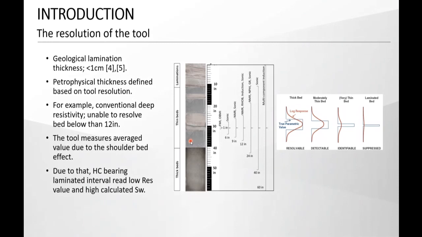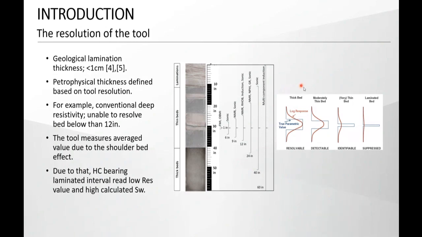But for petrophysics, the thickness is defined based on the tool resolution. If the tool has a very high resolution, then it can resolve a very thin lamination or thin layer. But if the tool doesn't have that resolution, so what will happen? Definitely it cannot resolve that thickness, and because of that, we cannot get a proper value.